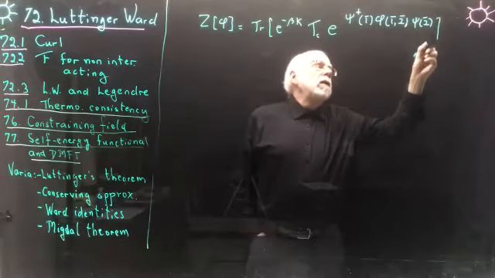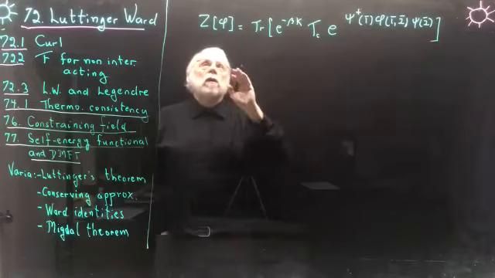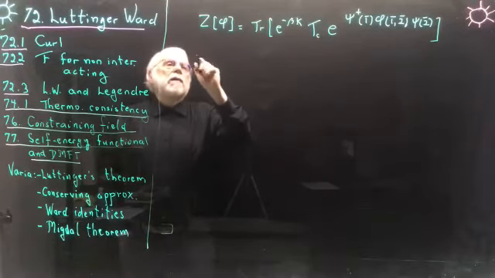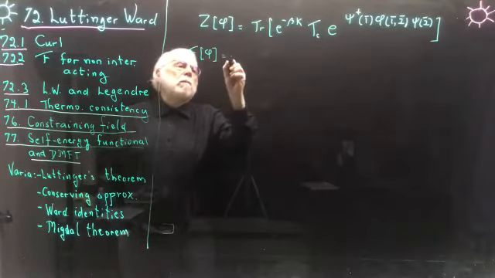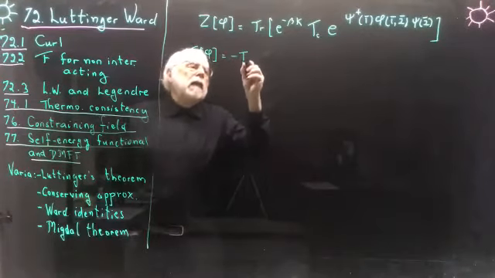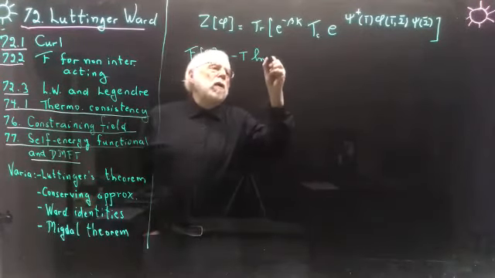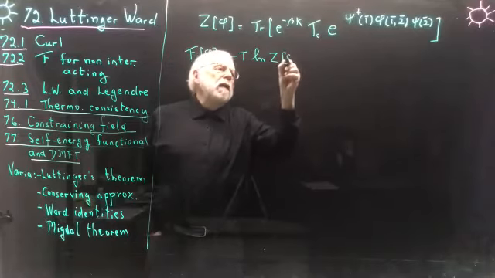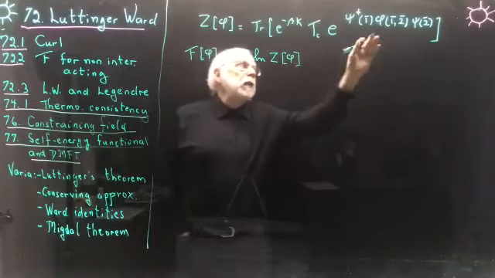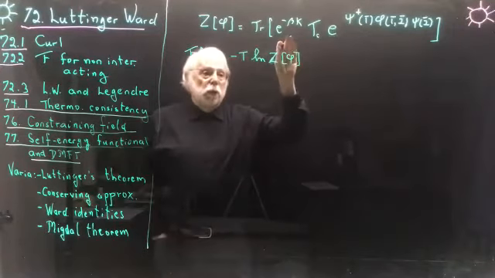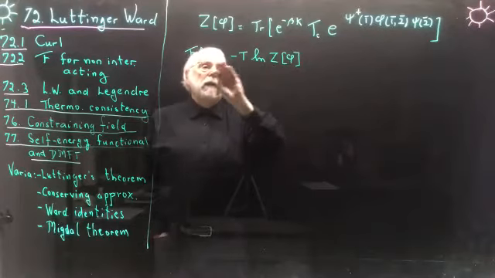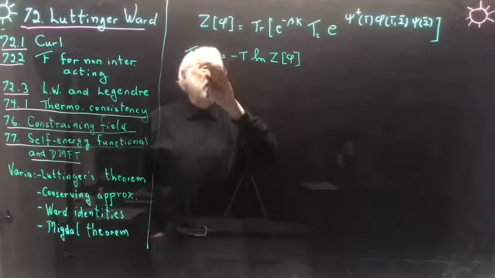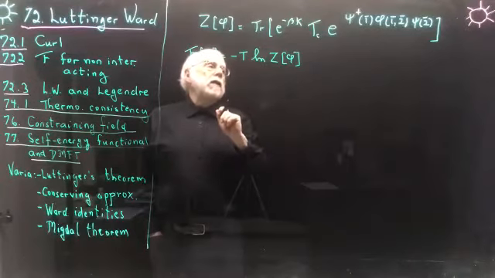And so you see that if I define the F of phi as minus T times the log of Z of phi, when phi is equal to 0, I get the usual partition function, and this is the free energy. So at phi equals 0, this is the free energy.